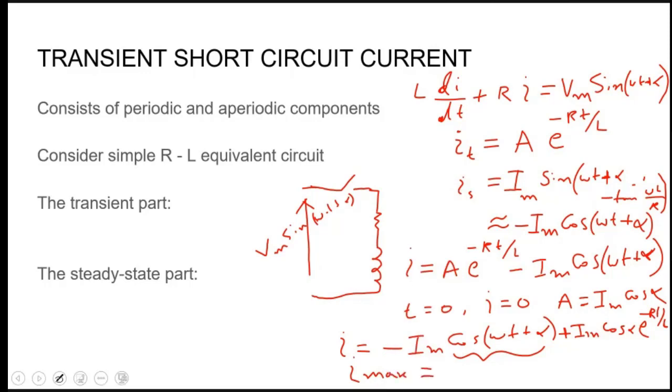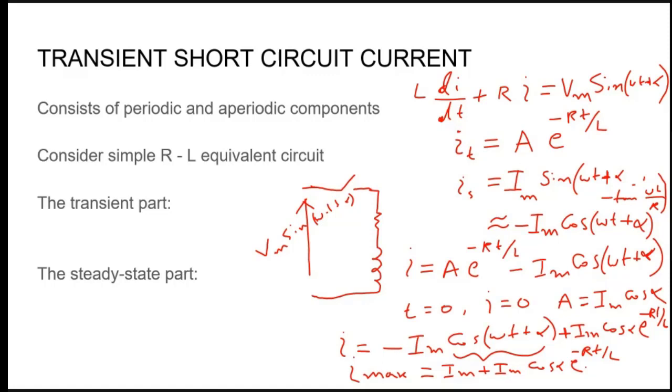Imax equals Im plus Im cos alpha e to the power of minus Rt by L. Now, if you neglect the time t, a very short time after the maximum occurs, then it can be approximated, since e to the power of minus Rt by L is an exponential decay function.